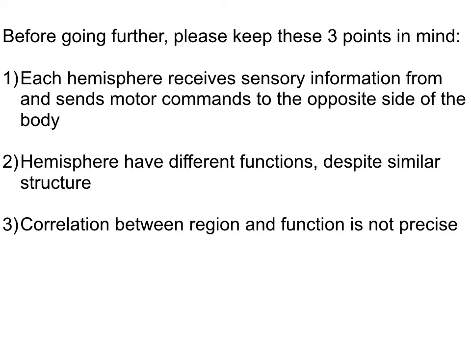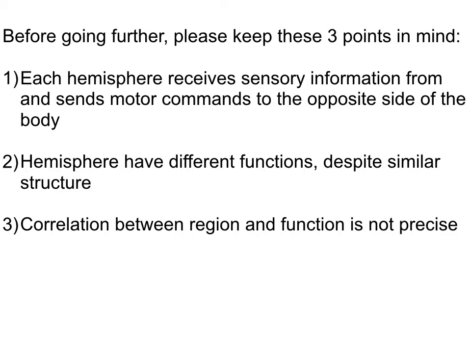Also, when we start talking about functional regions in the cerebrum, you have to remember that region and function is not really precise. We are going to be referring to your functional regions as an on average, where on average this region's located here, and on average this second location is here.